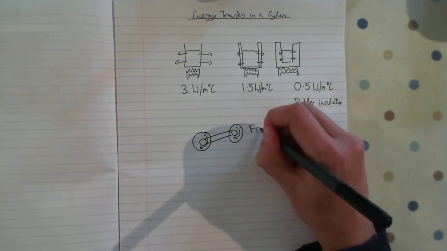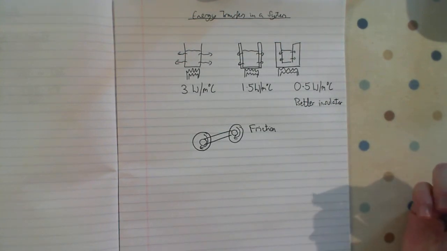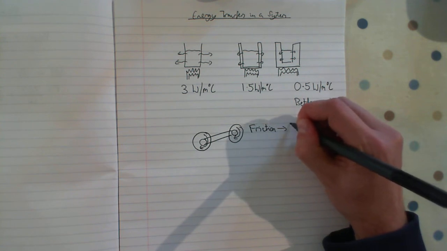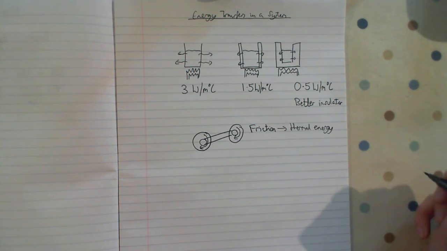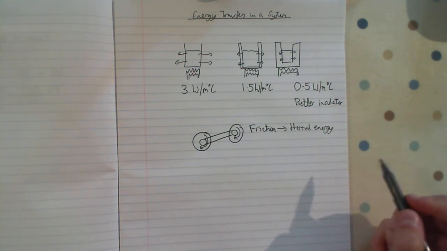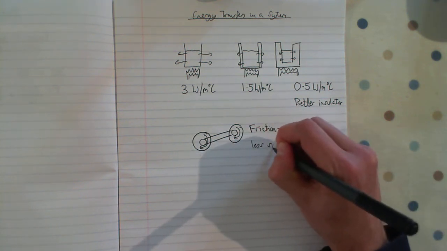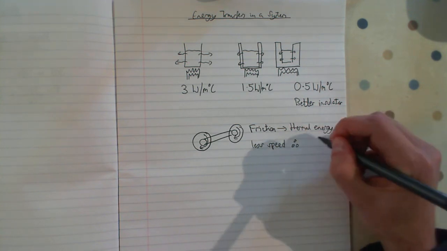And that friction, as we talked about energy transfers earlier on, causes thermal energy. And if we're wasting energy as thermal energy, the wheels aren't going to rotate as quickly, so we'd get less speed, and therefore we'd get less kinetic energy.